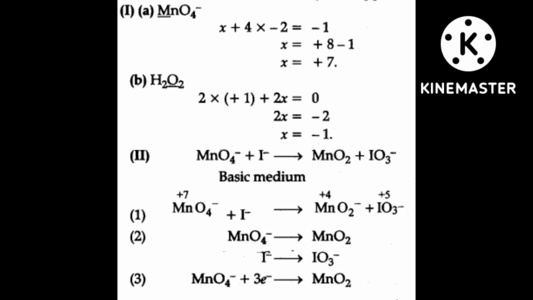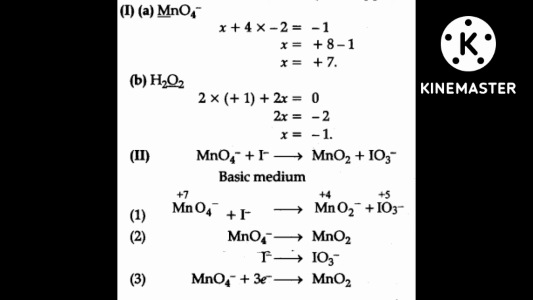In addition, the first member of a group has only 4 valence orbitals, 2s and 2p.